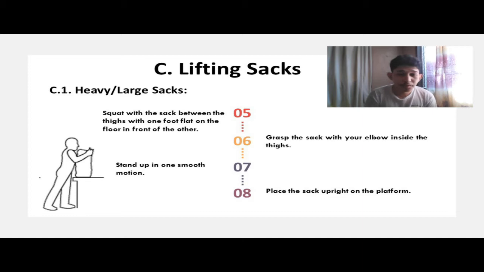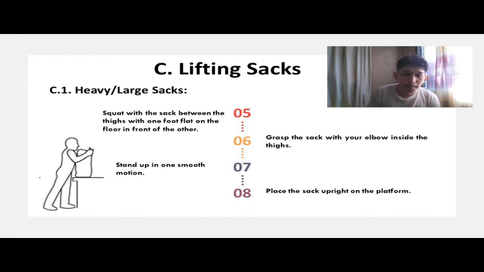The fifth step is squat with the sack between the thighs with one foot flat on the floor in front of the other. The sixth thing that you should remember is grasp the sack with your elbows inside the thighs.